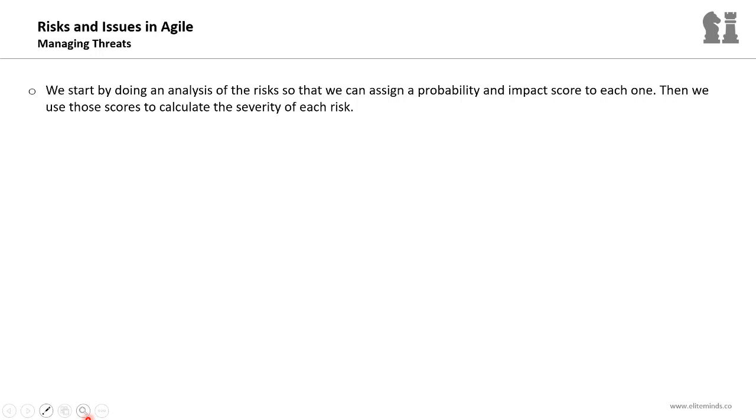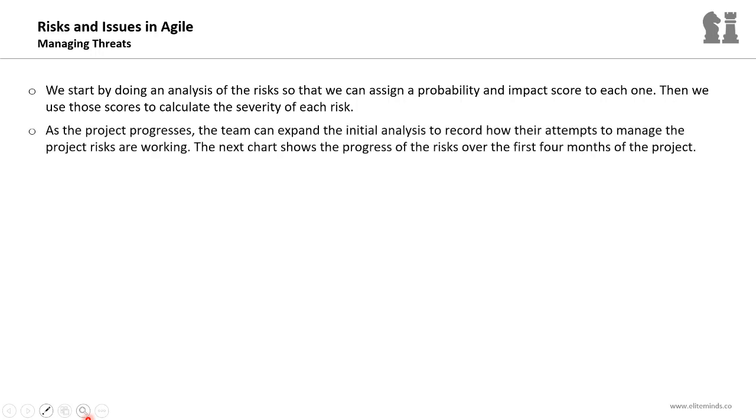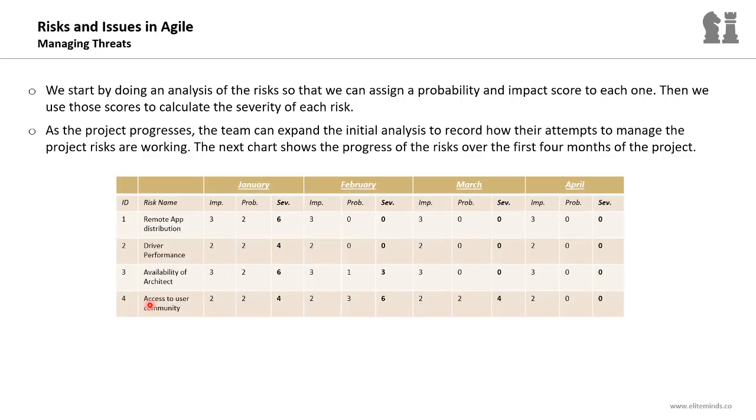We start by doing an analysis of the risks so that we can assign a probability and impact score to each one. Then we use those scores to calculate the severity of each risk. As the project progresses, the team can expand the initial analysis to record how their attempts to manage the project risks are working. The next chart shows the progress of the risks over the first 4 months of a project. So we determined the risk severity for 4 risks in the project, and we monitored this severity throughout the project.